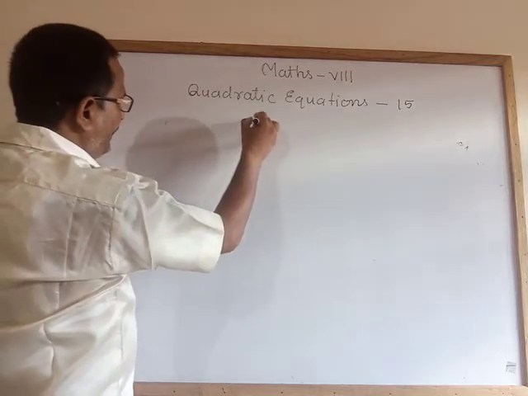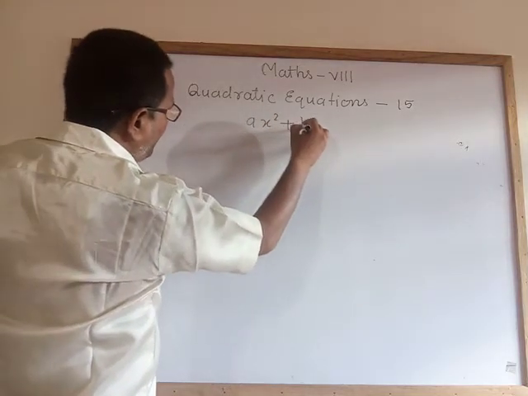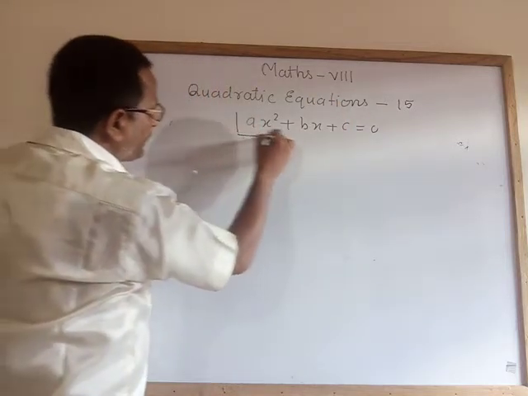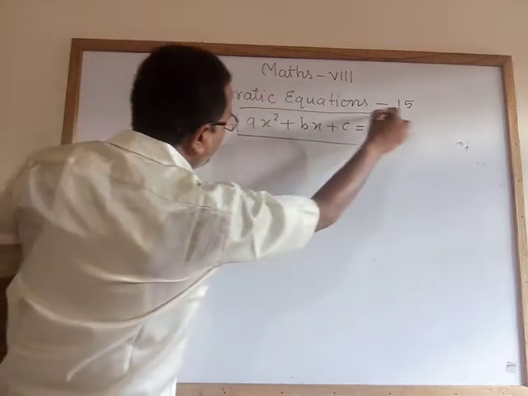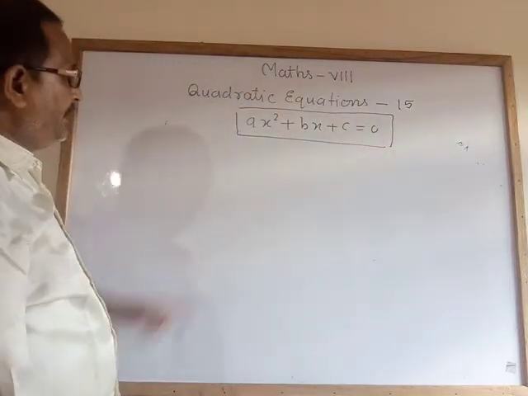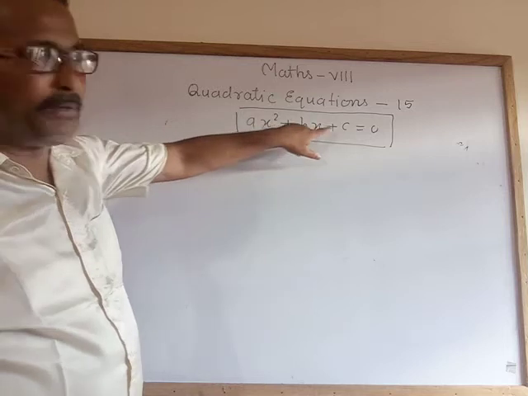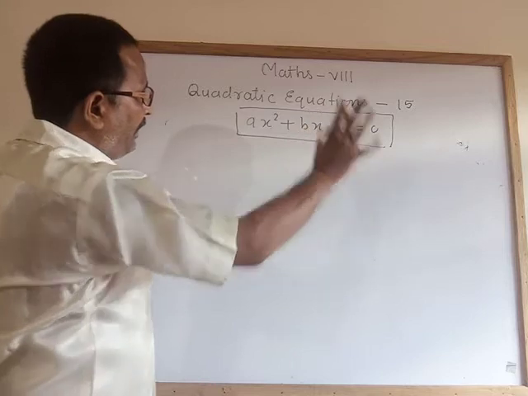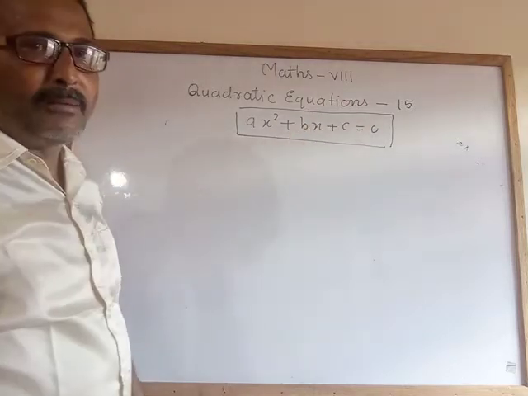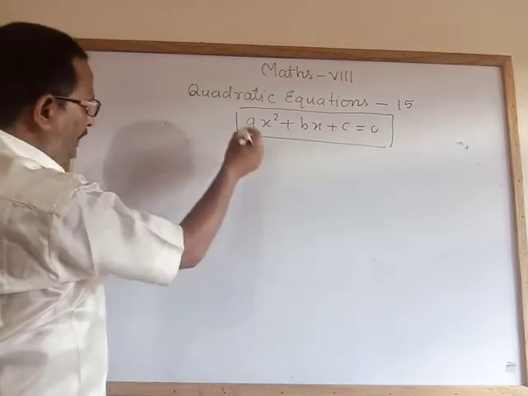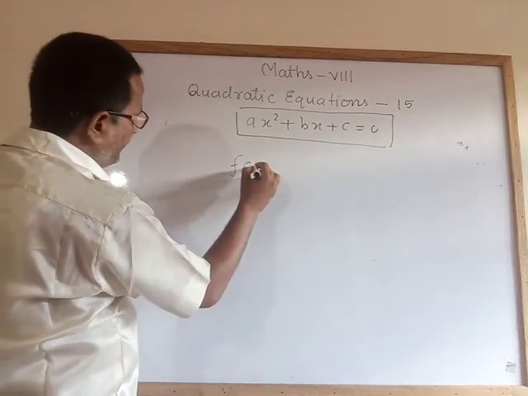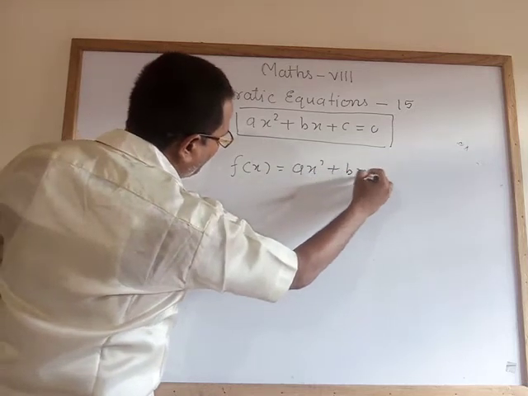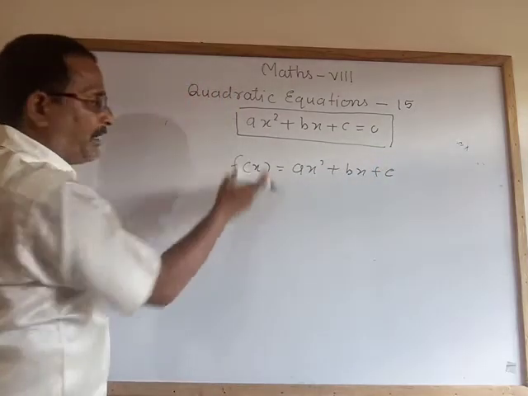This ax square plus bx plus c is equal to 0 is known as the standard form of the quadratic equation. Now if I write the same equation as f(x) equals ax square plus bx plus c, then the name will change.